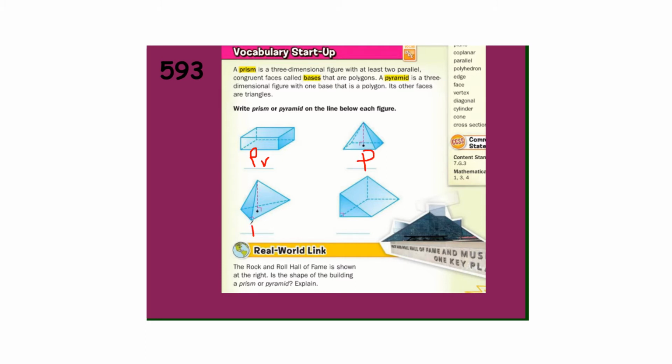We have another pyramid, and this one is a prism. Okay, at the bottom, the Rock and Roll Hall of Fame building is shown here. What shape is that? And that is a pyramid. Okay, goes to a common point up at the top here.